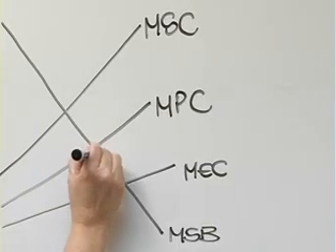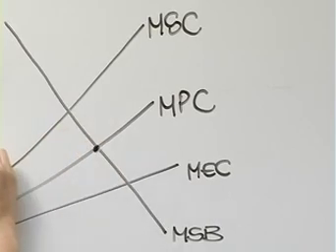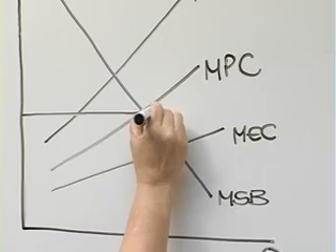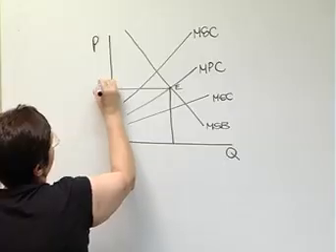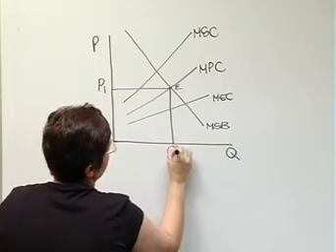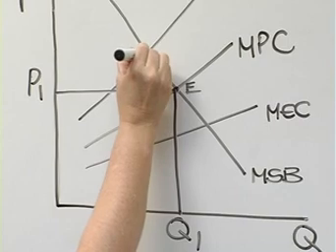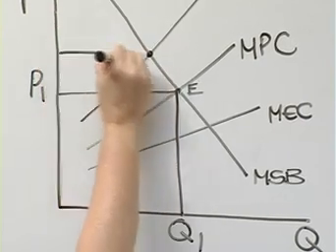Now to get the first point of intervention is there, where you get equilibrium, P1 against Q1. And the social cost is actually there.